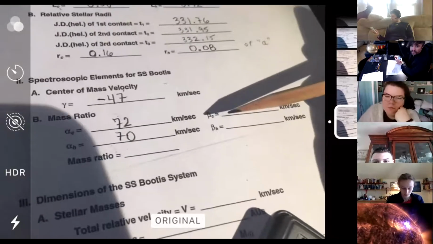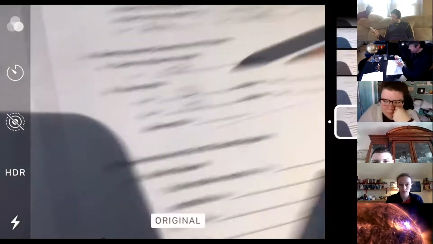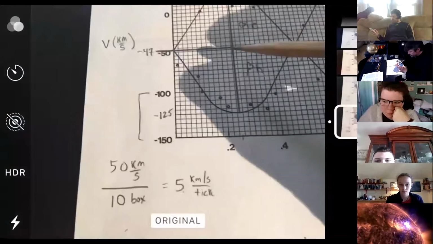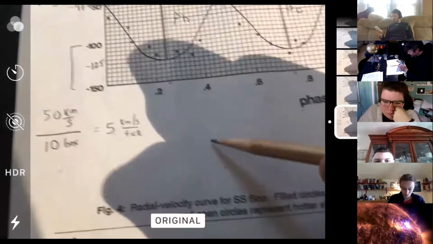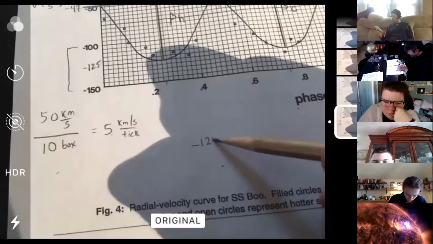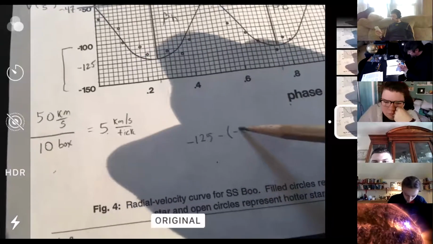This is something I had to learn through trial and error. So instead of negative 47 minus 125, let's do negative 125 minus negative 47.